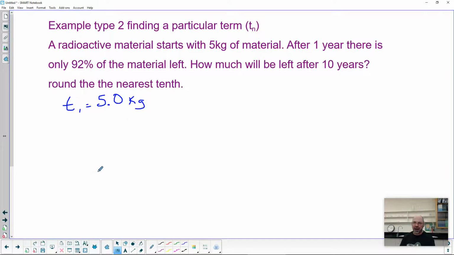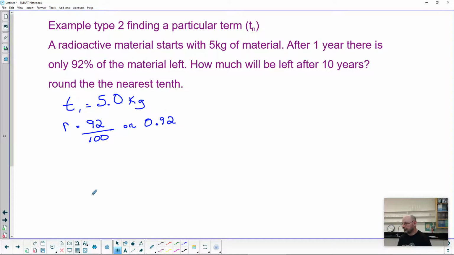It says after 1 year, there is only 92% left. So that means you're going to be multiplying by 92%, which is 92 over 100. So we know that the common ratio that you're multiplying by is going to be 92 over 100, 92%, or if you like decimals, 0.92.